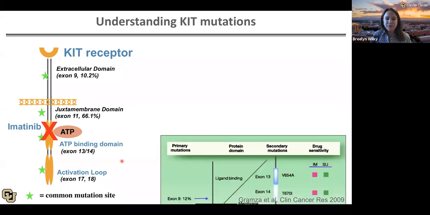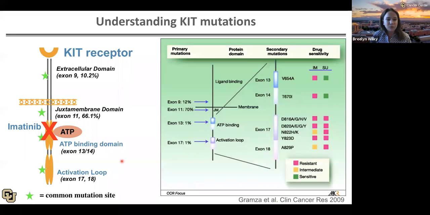And so many people have written beautiful work describing the impact of mutations that occur in a secondary fashion. So if you start here and then a cell evolves an additional mutation further downstream, this is why you get resistance. And you can see here, looking at these secondary mutations, that as you get them, drugs stop working. Even Sutent, which is represented by Su here, is pretty good for 13 and 14, but not so great for 17 and 18.